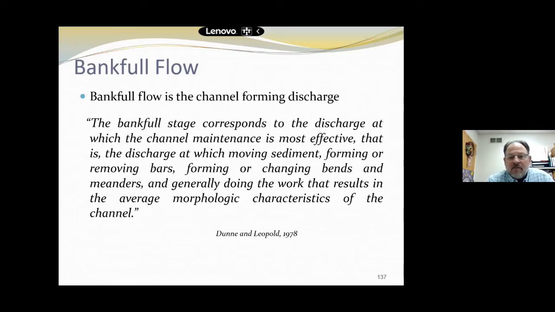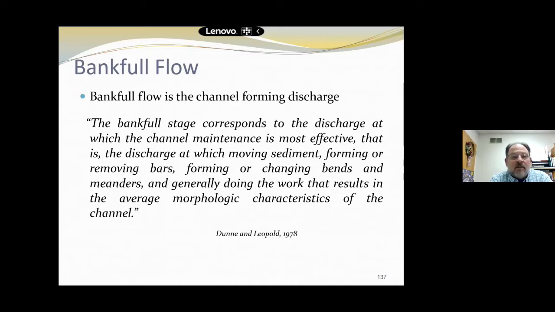So the definition we have in this slide, the bank full stage, corresponds to that discharge rate at which the channel maintenance is most effective. That means that the channel is maintaining itself. The discharge at which it's moving sediment, forming or removing gravel bars, forming or changing meander bends and meanders, and generally doing the work that results in the average morphological characteristics of the channel.